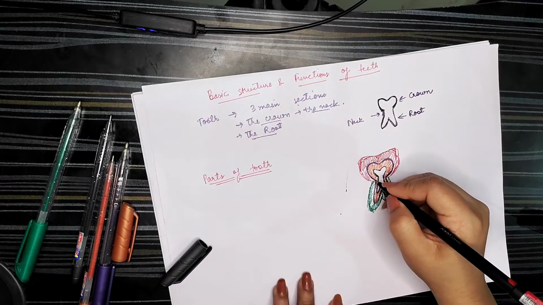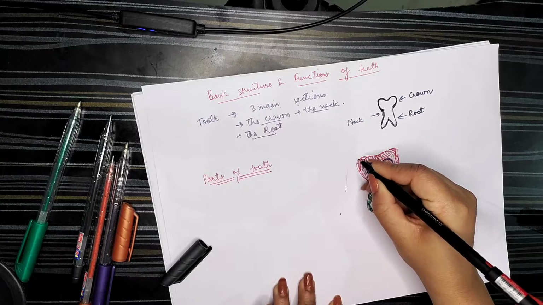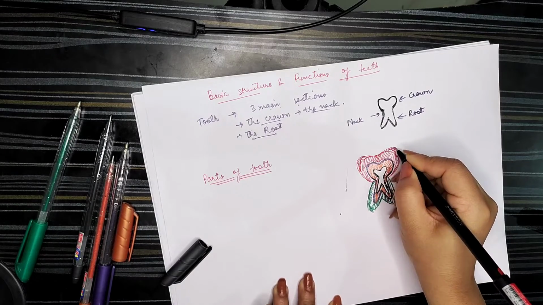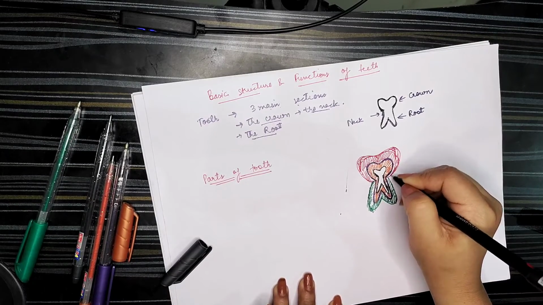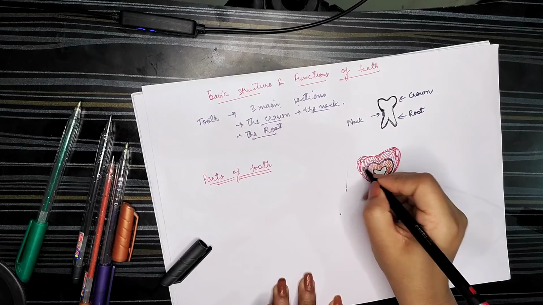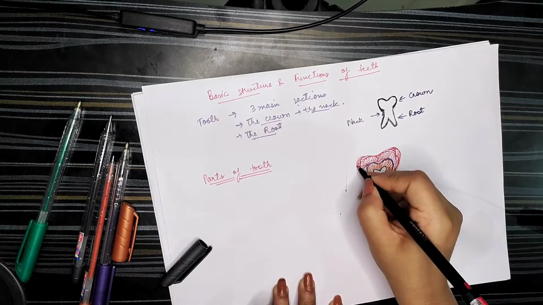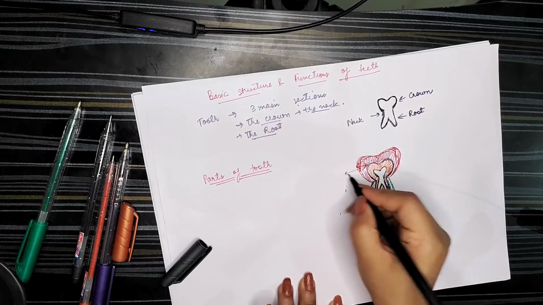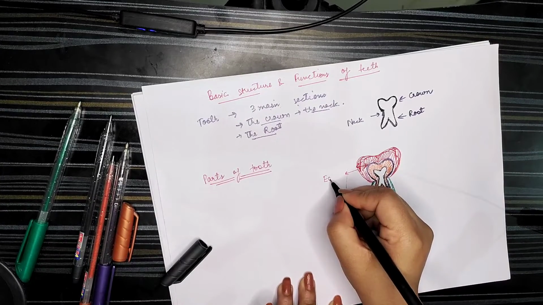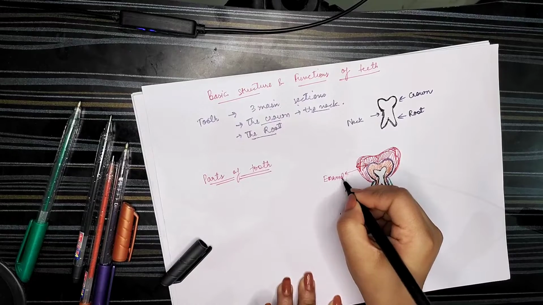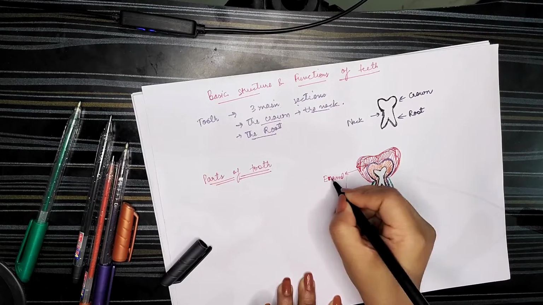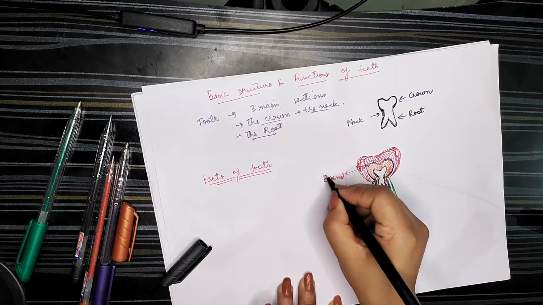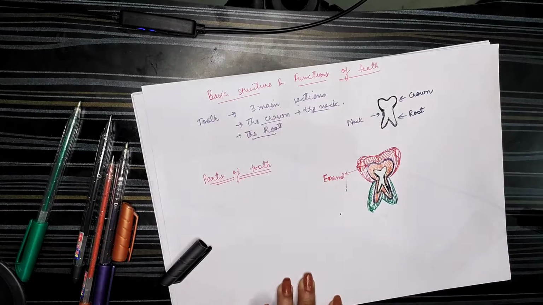So this is the outermost layer of the tooth, which is in red, and this is known as enamel. E-N-A-M-E-L. It is known as enamel.